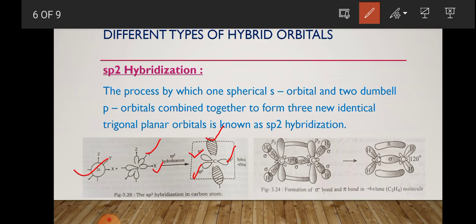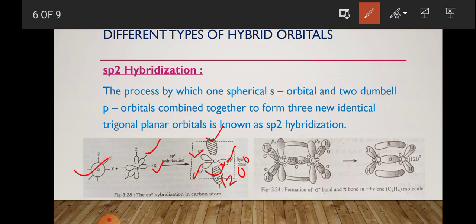The angle between any pair of orbitals is 120 degree. For example, the formation of ethene molecule. Look at the figure, please.